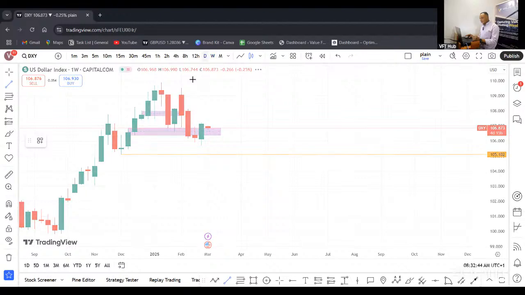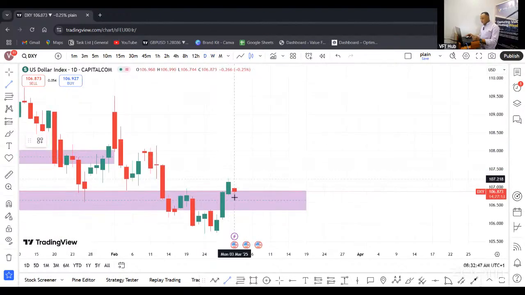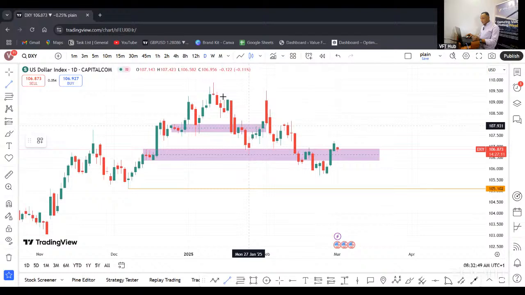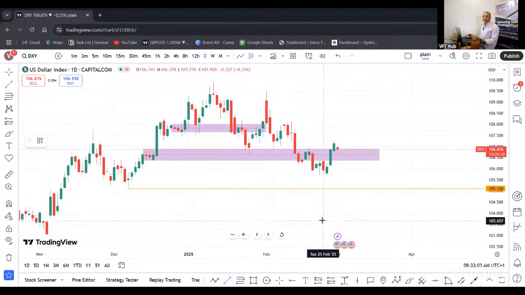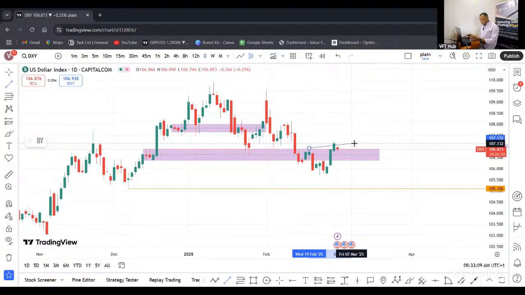Now if you look at the daily time frame, the structure before now has been such that we were trading it continuously to the downside. That is what we've been doing on the dollar index. But then we said when price got to somewhere around here, if it breaks here, we're going to see it trade lower, but if it doesn't, then we expect to see it trade higher. So far, the dollar index has broken structure to the upside. You can see that right here.